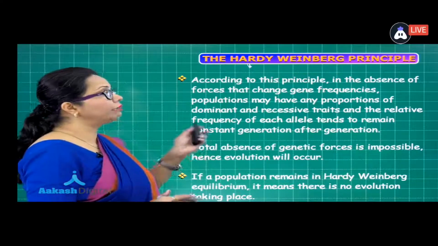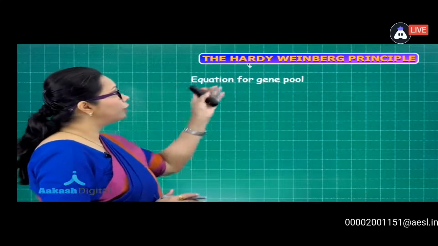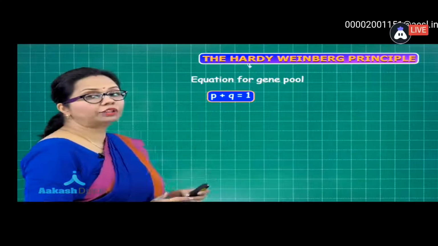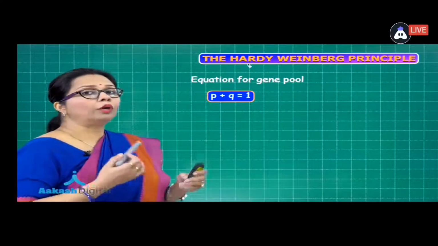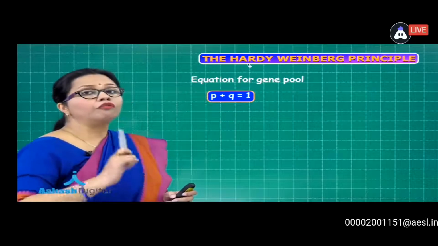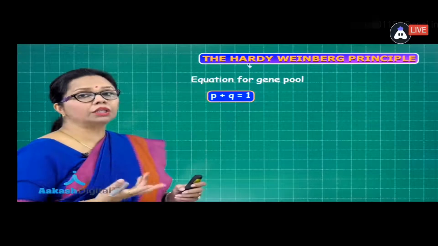Now let us take the mathematical calculation of this equilibrium. For this, there is an equation for the gene pool, which is given as p + q = 1. Here this is a simple equation where we are considering one gene which has two alleles, out of which one is dominant, the other is recessive.